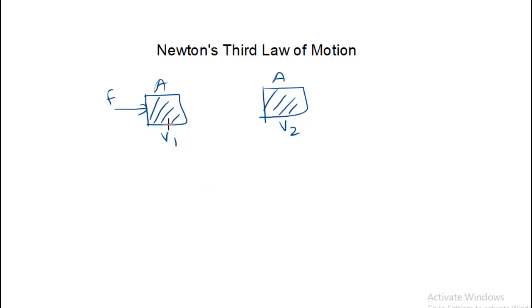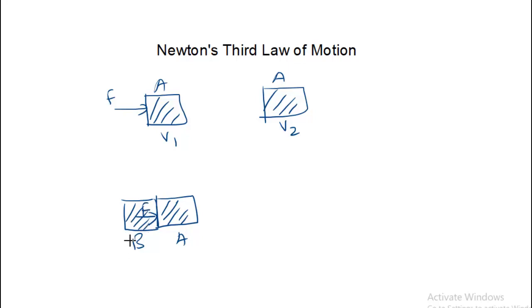That means if I want to change the velocity of body A, I may have to push it with my hand, or use some source like another body which will push body A. So in that situation, body A is pushed by another body, or some other source B, with some force F.